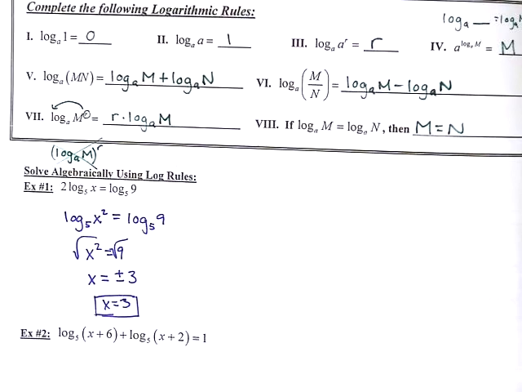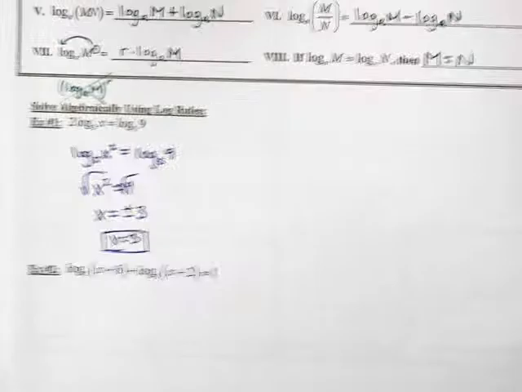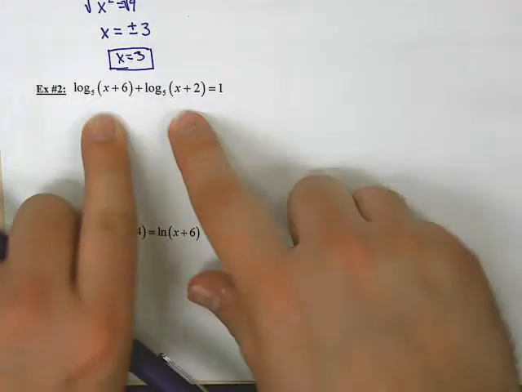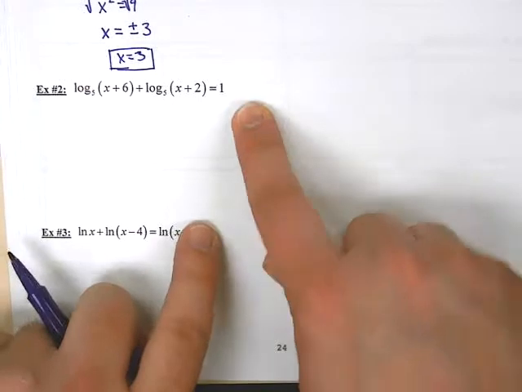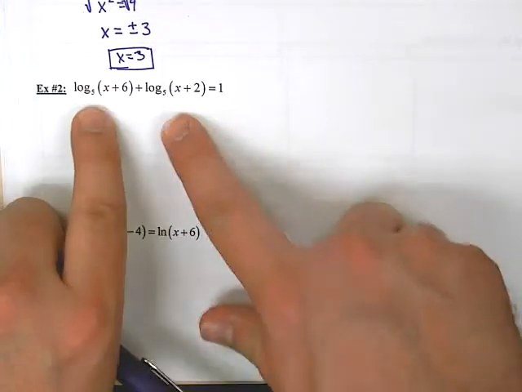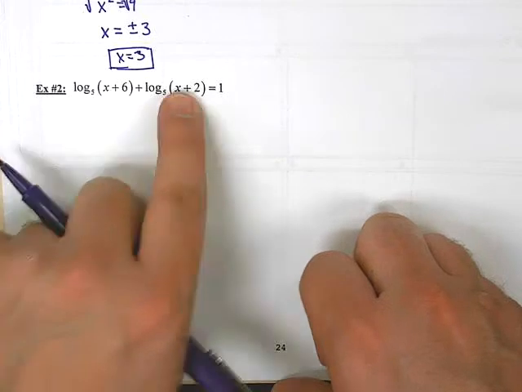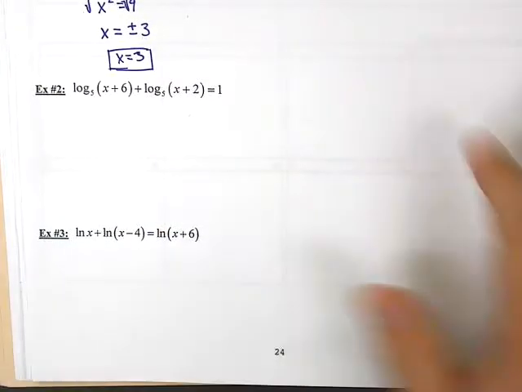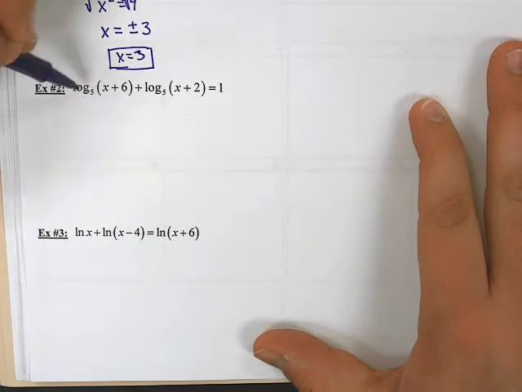Okay, if we move on to the next one, I see two logarithms on the same side. I see just a number over on the right side. This looks like one where I'm going to want to just create one single logarithm and then maybe use the log circle to help me solve. So I'm going to go ahead and do that.